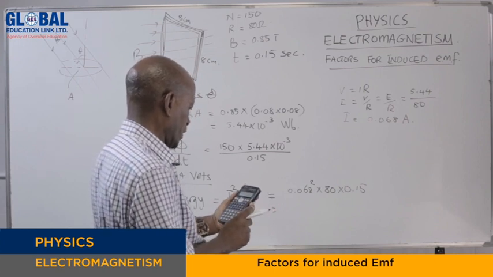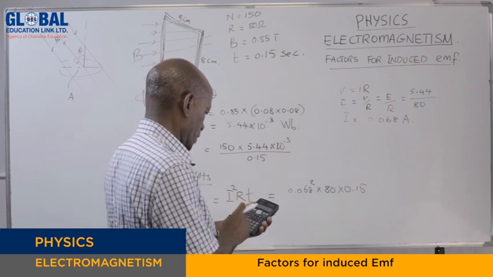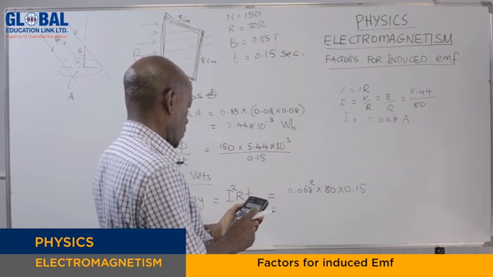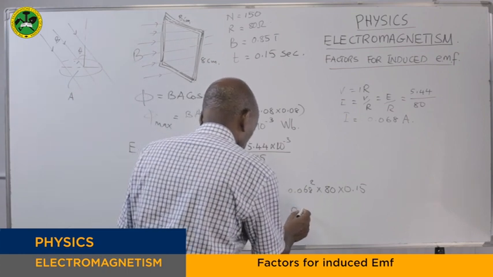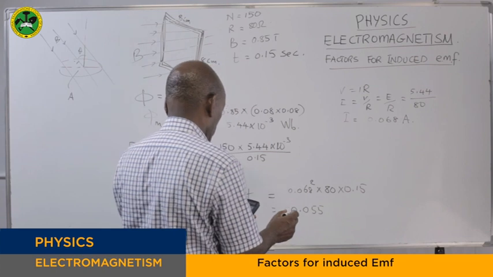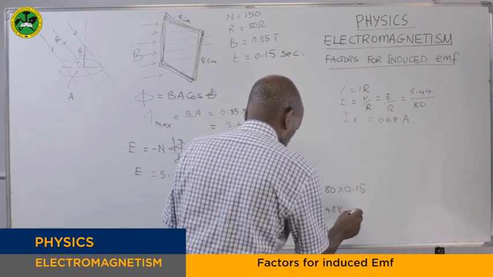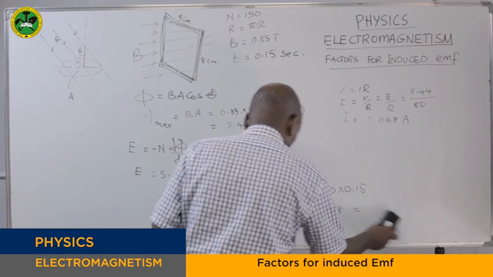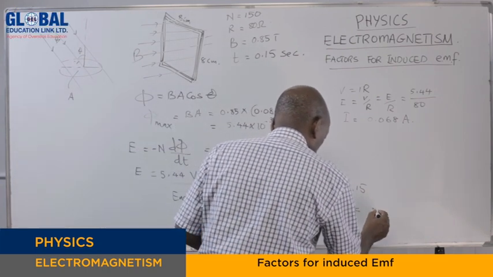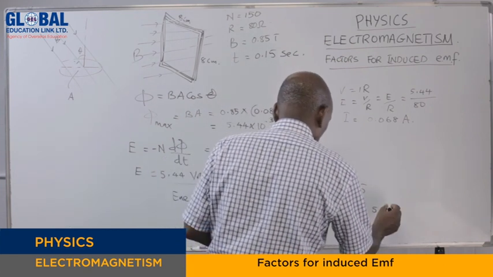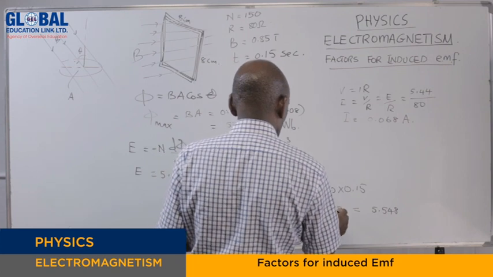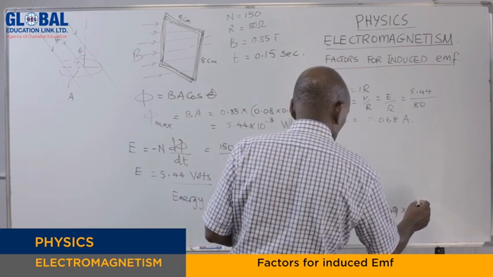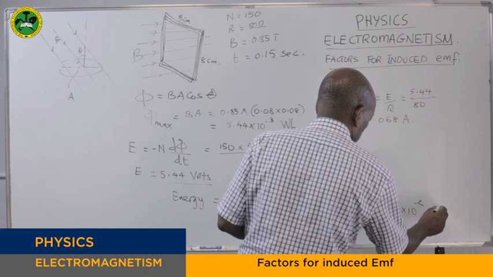If you square 0.068 times 80 times 0.15, we get 0.055488, or simply 5.5 times 10 power negative 2. This is the energy, which will be measured in joules.